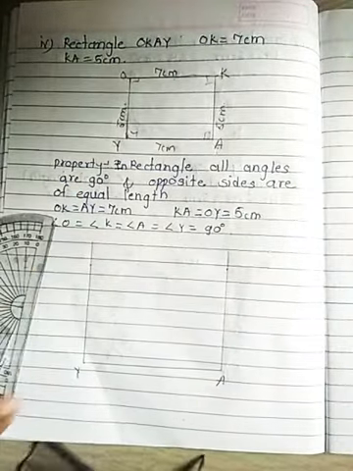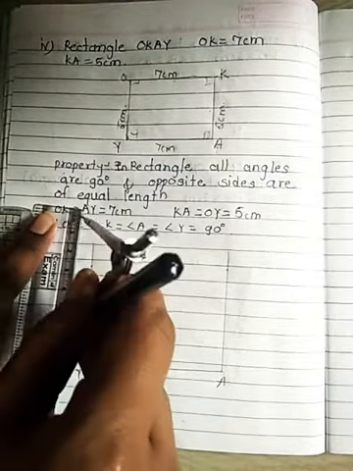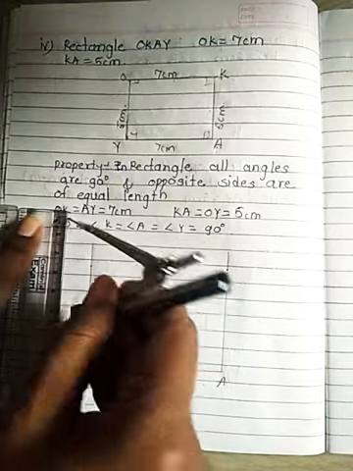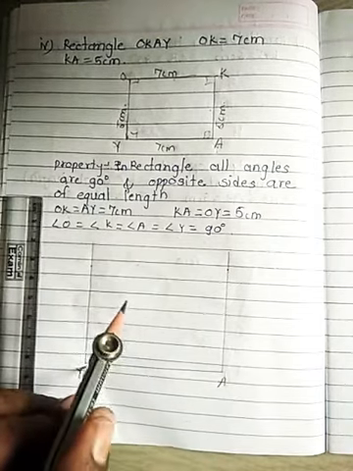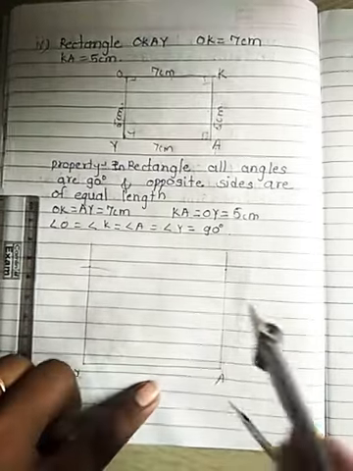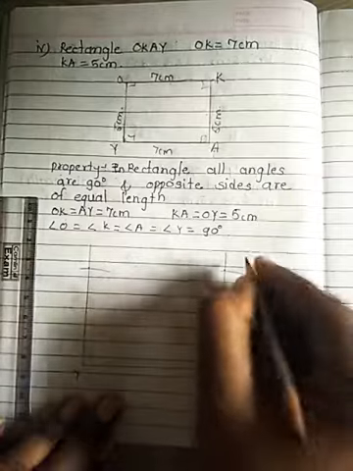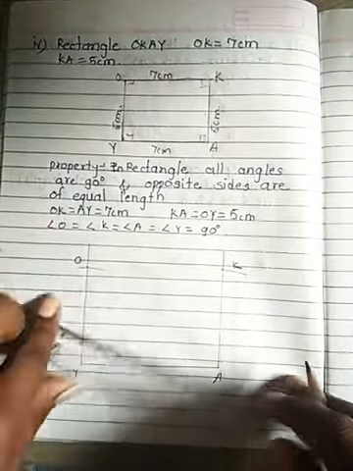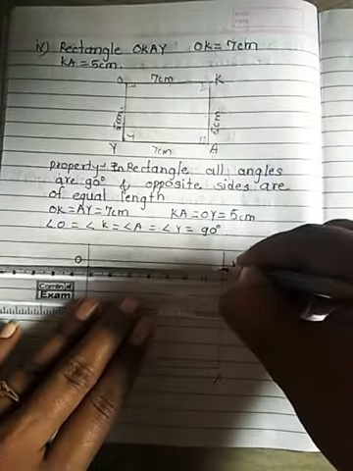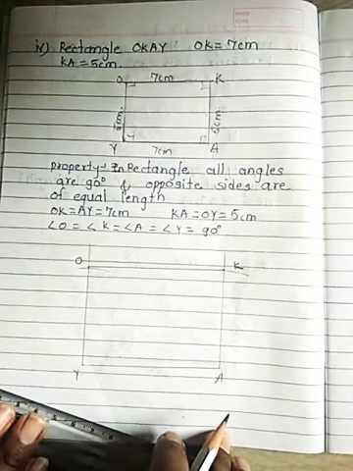Now see 5 centimeter, O point is at 5 centimeter. So take 5 centimeter in the compass. Make an arc. Here also make an arc. Then here you got the point K and here you got the point O. Then join it. You'll get the rectangle OKAY.